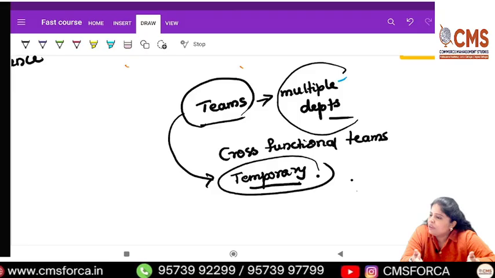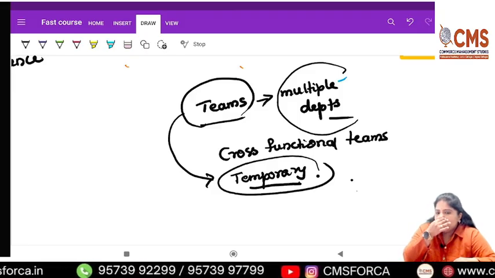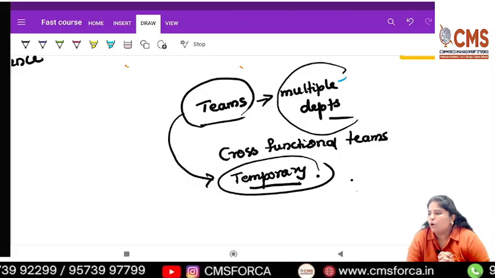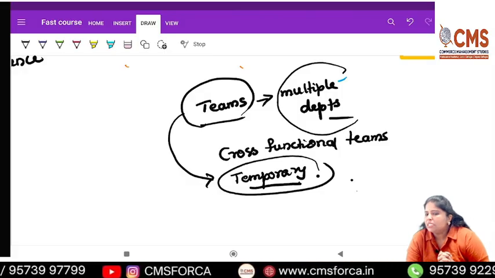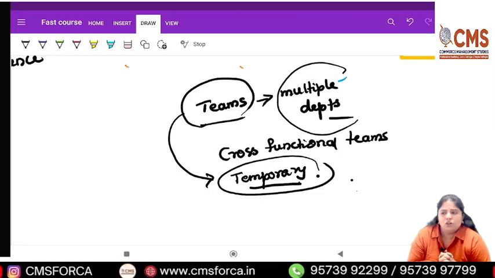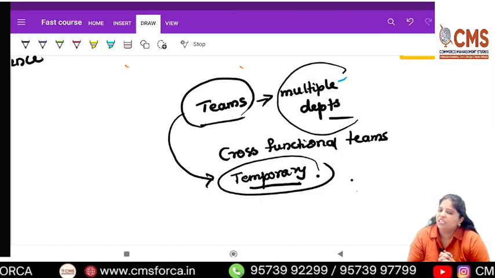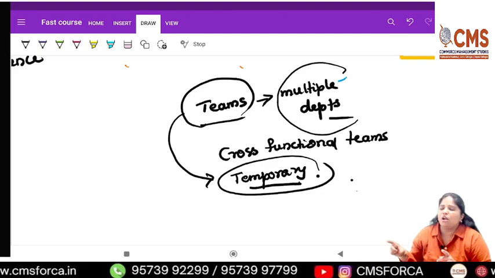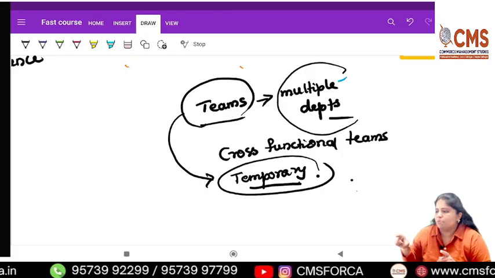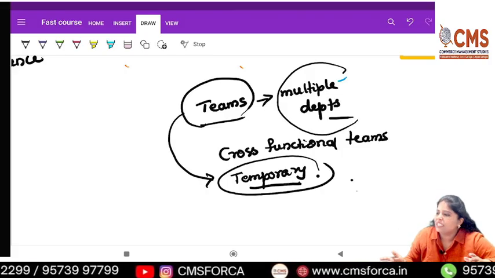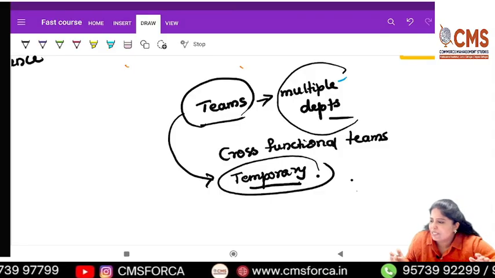All the results are visible. Progress can be monitored. Projects can be easily shut down if you don't want them. Very flexible structure. Good on communication, coordination and collaboration. But strong coordination and a strong communication network are a must. So these 2 points you will list under advantages and also under limitations.